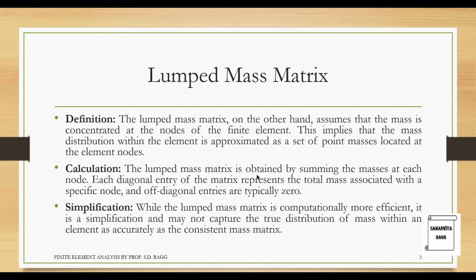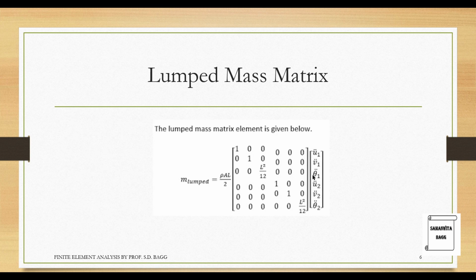The lumped mass matrix is obtained by summing the masses at each node. Each diagonal entry of the matrix represents the total mass associated with a specific node, and off diagonal entries are typically 0. So I'll just show you an example. You can see here this diagonal entry, 1 L square by 12.